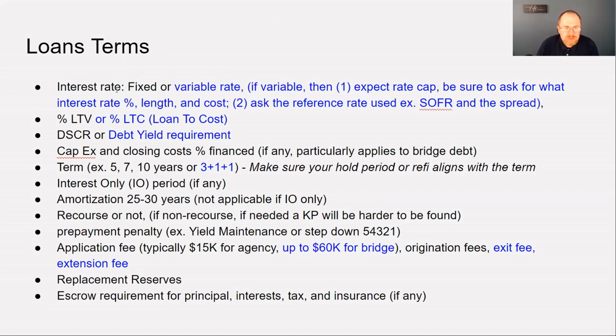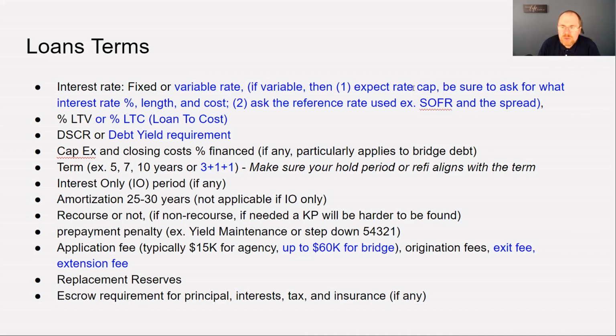So when you obtain a quote from a lender, you're going to ask for the interest rate. The interest rate can be a fixed interest rate, or it can be a variable interest rate. If it's a variable rate, the lender may expect you to buy what is called a rate cap, which is going to limit the variation of the variable rate.